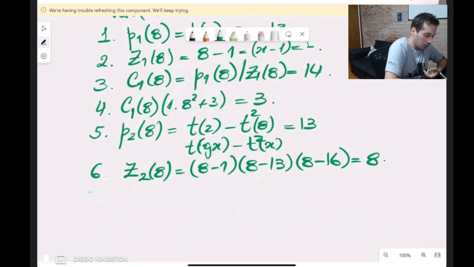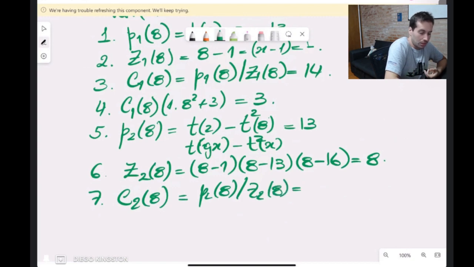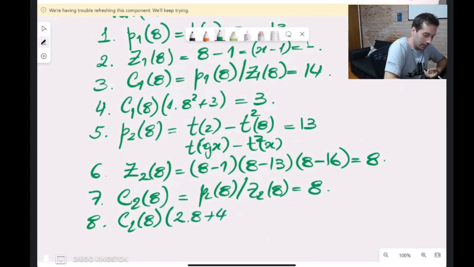And so we can, of course, evaluate C2 of 8, which is P2 of 8 divided by C2 of 8, which is, again, 8. And then, of course, we can adjust the degree once more. 2 times 8 plus 4, this is 7.